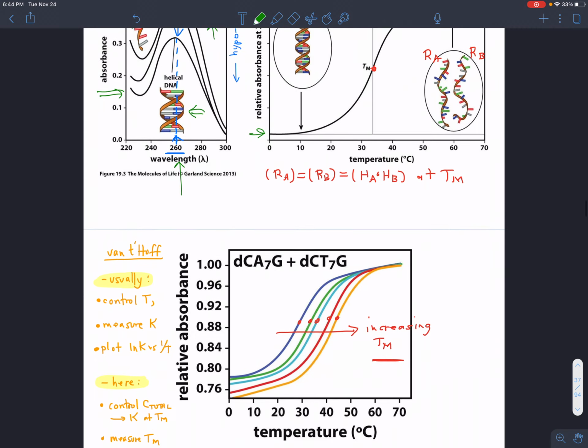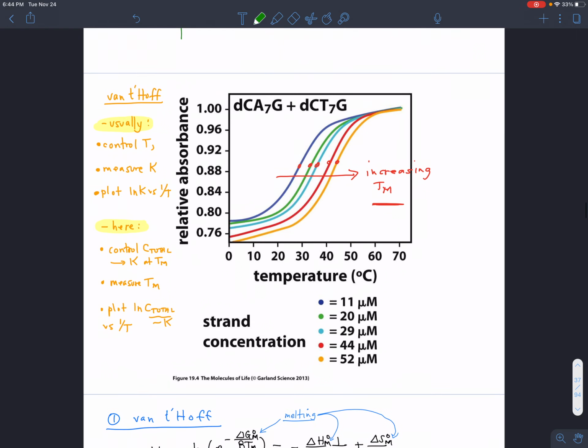All right, so what you do is you measure a melting curve like this and note the Tm for a range of different possible DNA concentrations. It turns out, we'll see why below, that the melting point depends on how concentrated the DNA is in solution.